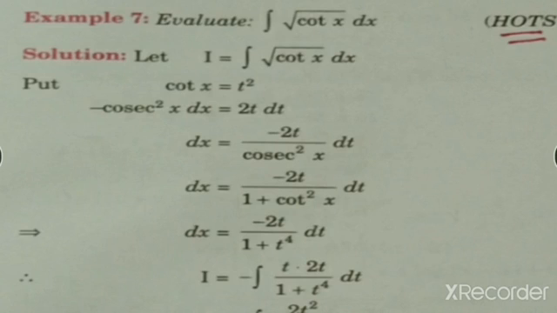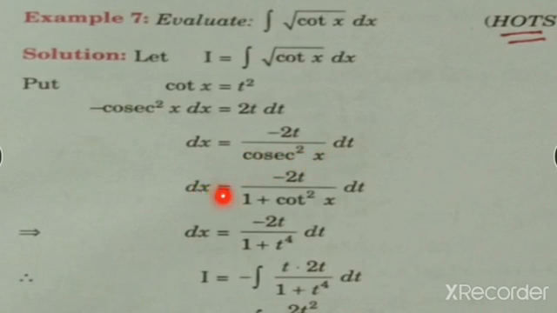The d/dx of cot x is minus cosec square x dx, and on the right hand side differentiation of t square is 2t dt. So dx is equal to minus 2t upon cosec square x dt.